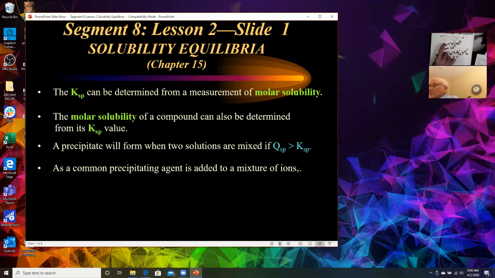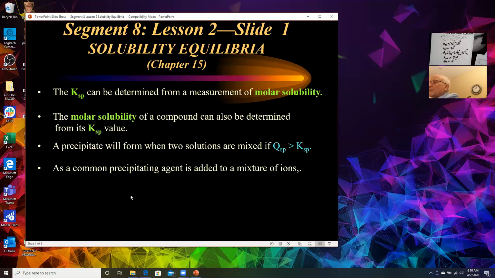I don't remember offhand which is which, but as I add chloride ion to either mercury 1 or silver plus 1, whenever you reach the KSP value, you will get the precipitate to occur. So whichever one has the smallest value of the KSP will precipitate first.